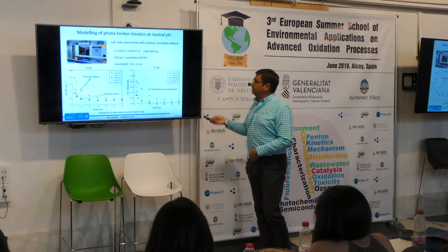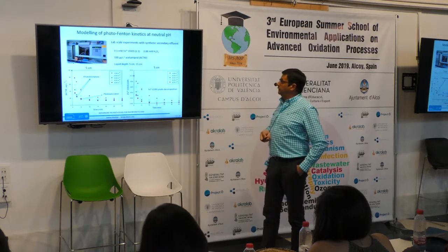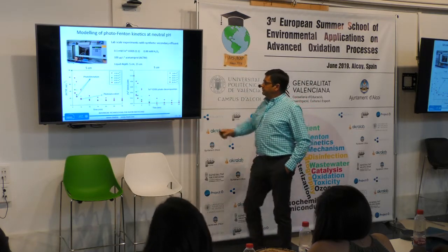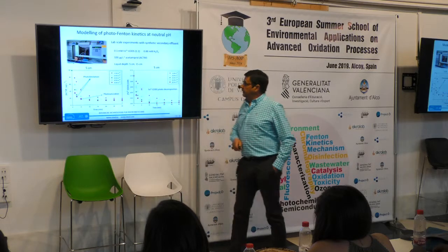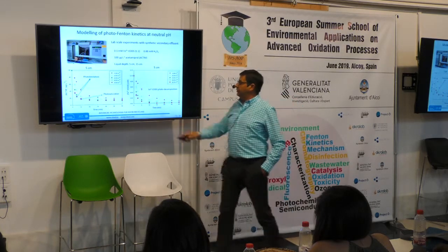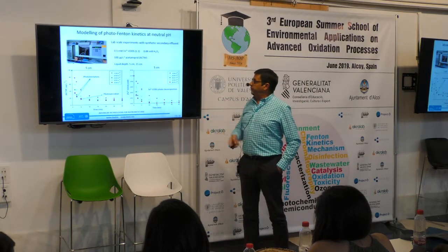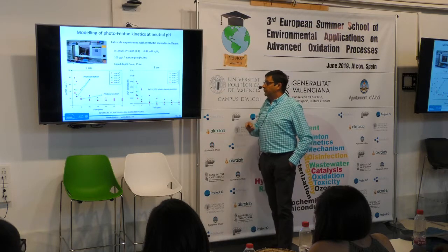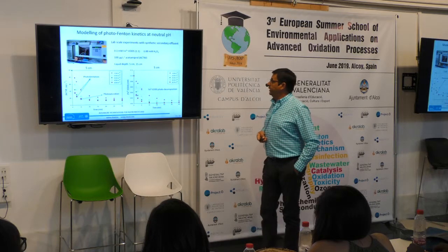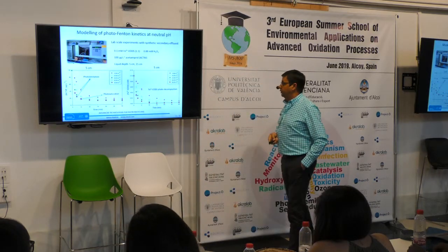In this case study, we started with a synthetic secondary effluent with a model micropollutant, acetamiprid, at a concentration of 100 micrograms per liter, with 0.1 millimolar of the complex iron-3 EDDS to work at neutral pH, and 0.88 millimolar of hydrogen peroxide.